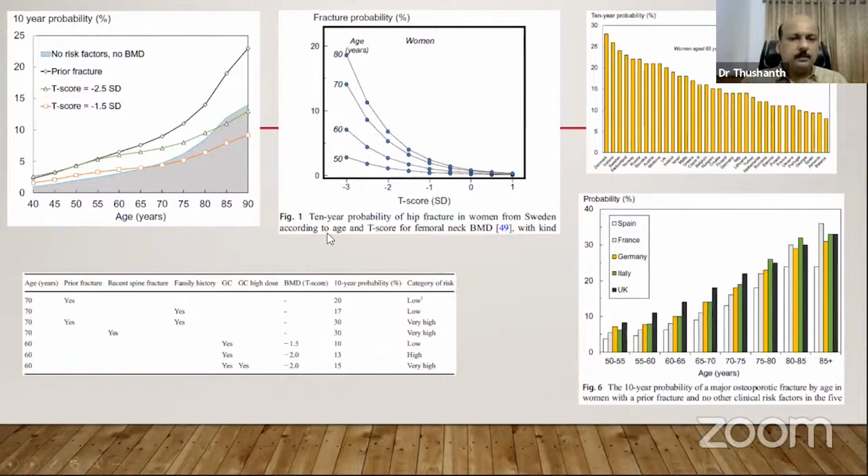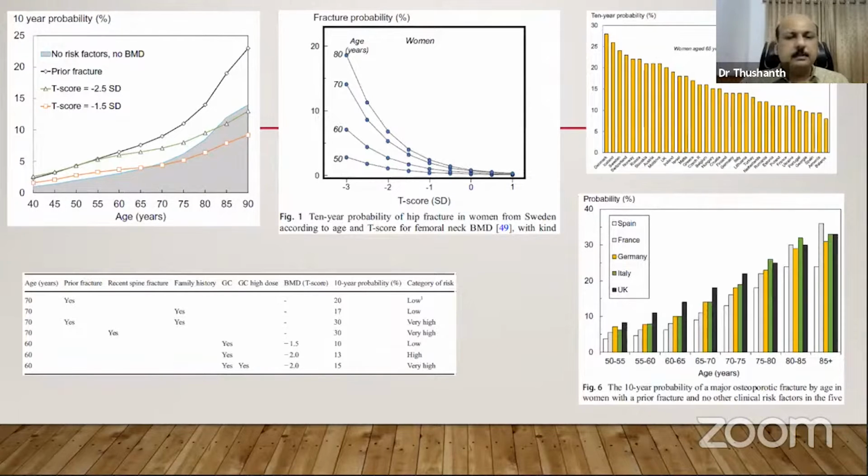On the bottom part, there is one graph which shows various factors which have been studied. And these are some of the factors which have been incorporated into the FRAX score. So a prior fracture history, a recent spine fracture, family history, glucocorticoid usage, as well as the dosage of glucocorticoid. If the dosage of glucocorticoid is high, the risk naturally increases. And the BMD score.